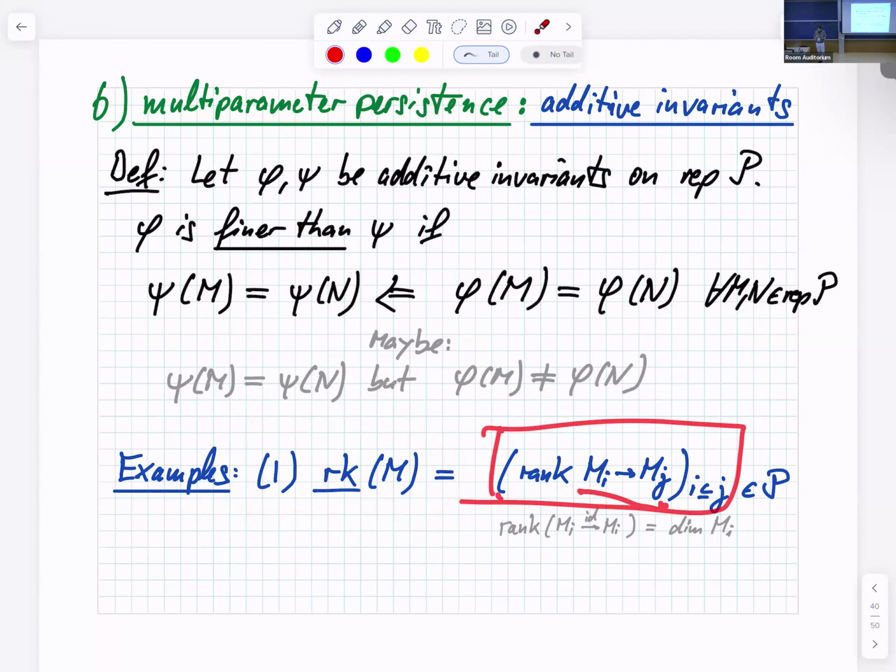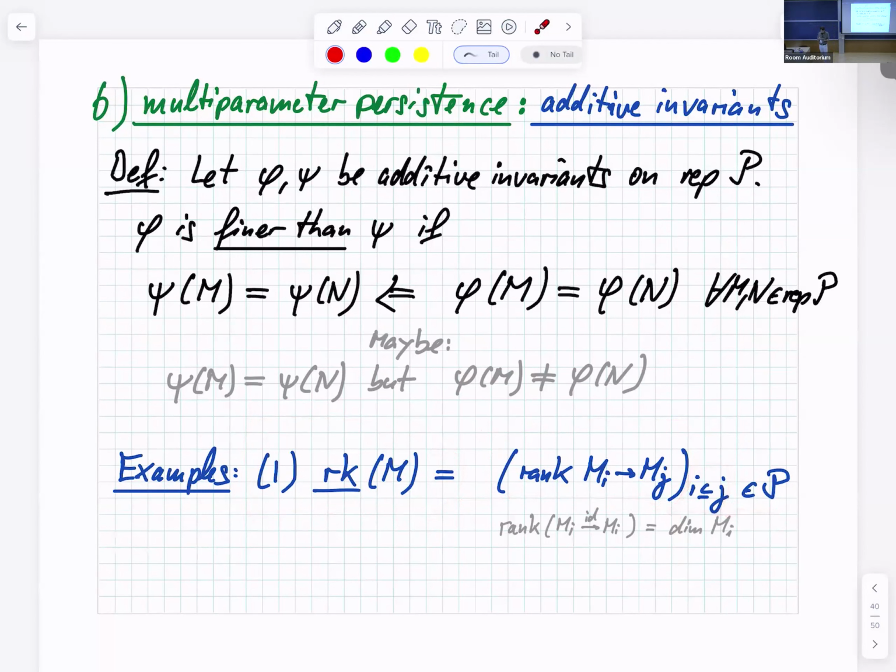So whenever I have two comparable elements i and j in my poset, I get a linear map from M_i to M_j. This linear map has some rank, and I just record this number for every pair of comparable elements i and j. That's what I do.